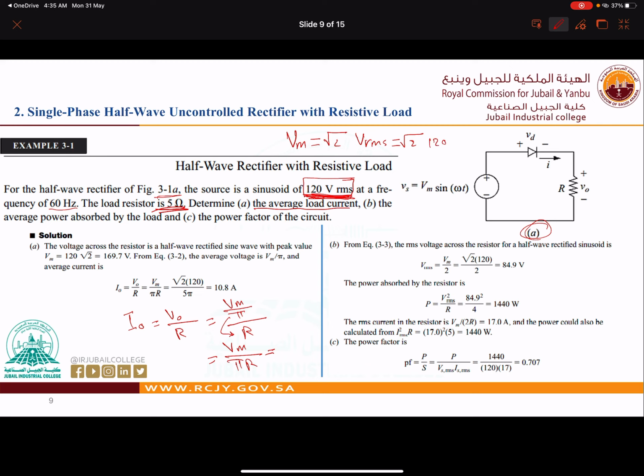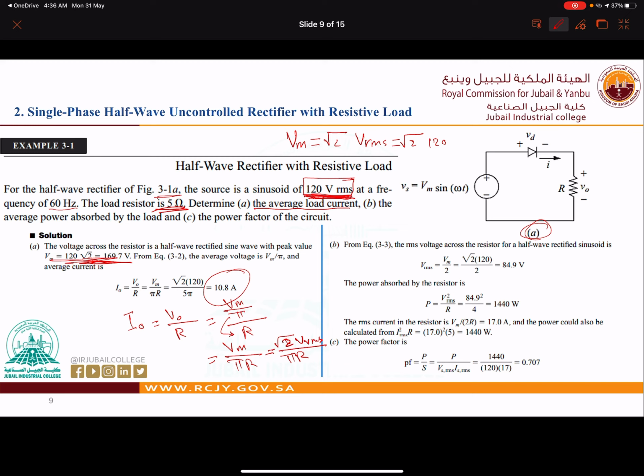So we will get our answer here. This is our V maximum, 169.7. So we can say it is root 2 multiplied by V RMS divided by pi R. So this is our final answer: 10.8 ampere. This is the DC output current.